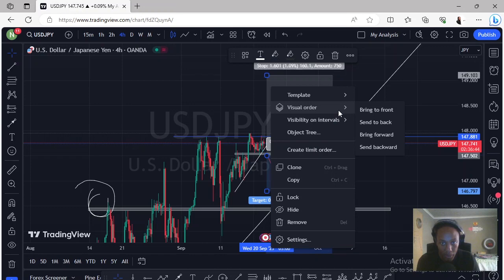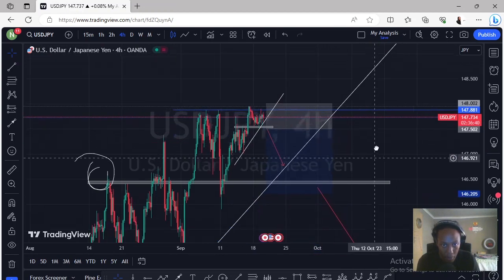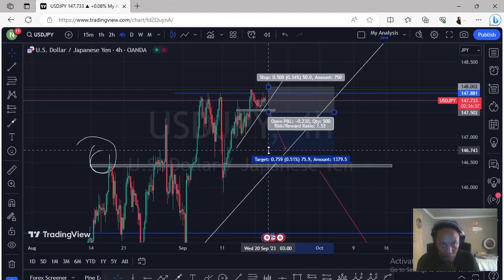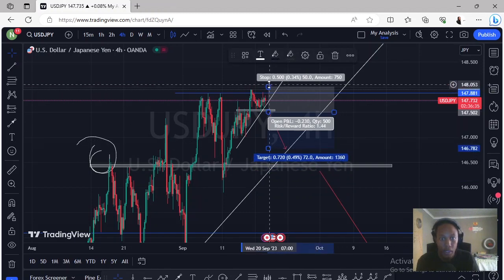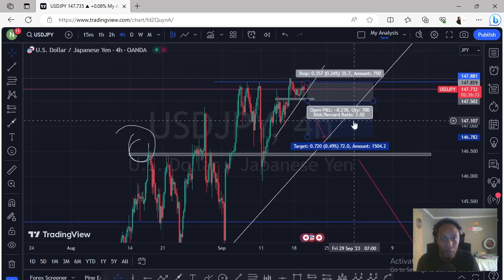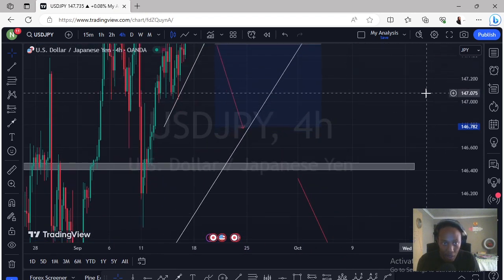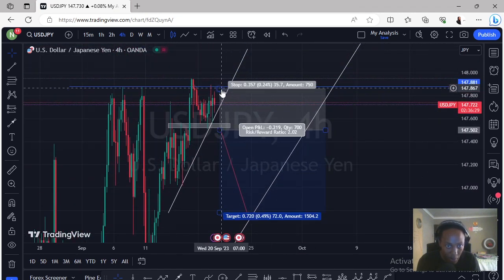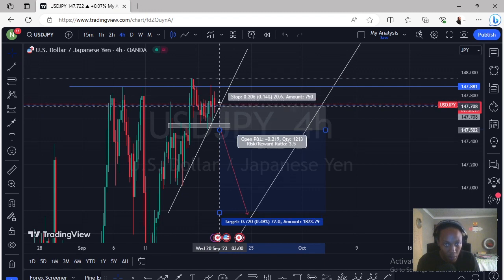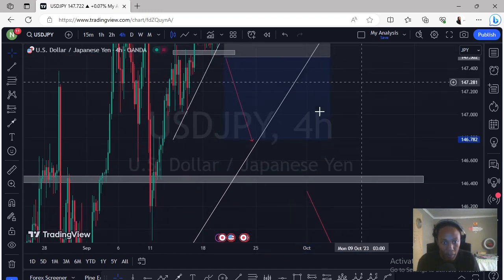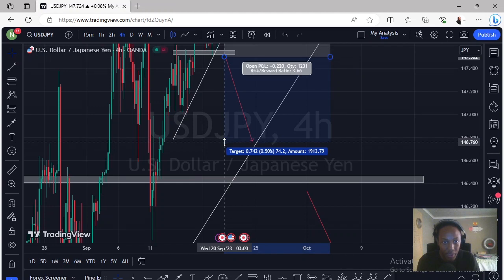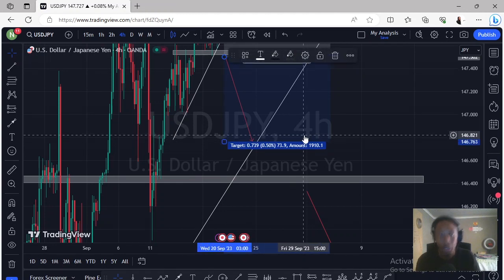Let me just see the template. 50 pip stop loss, 70 pips. So if ever I were to enter here, I'll put my stop loss somewhere here, risk about 20 pips to make 70 pips.